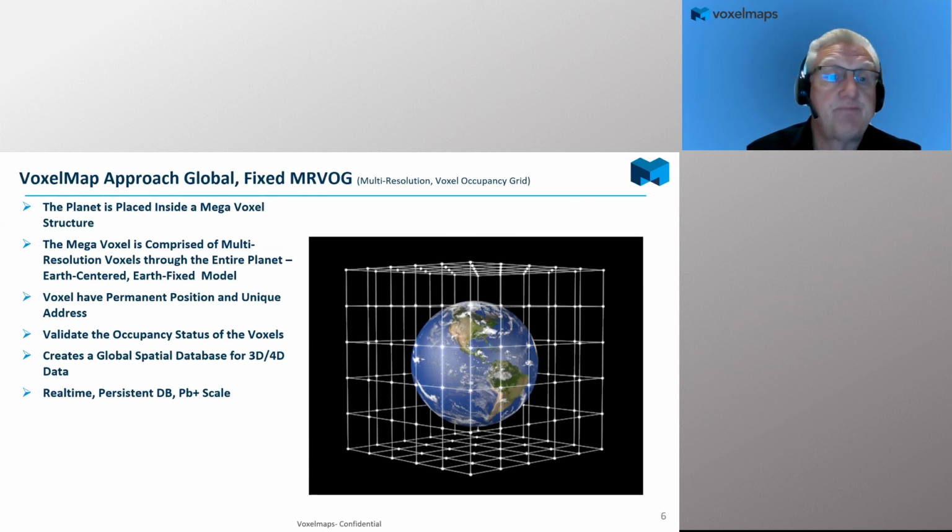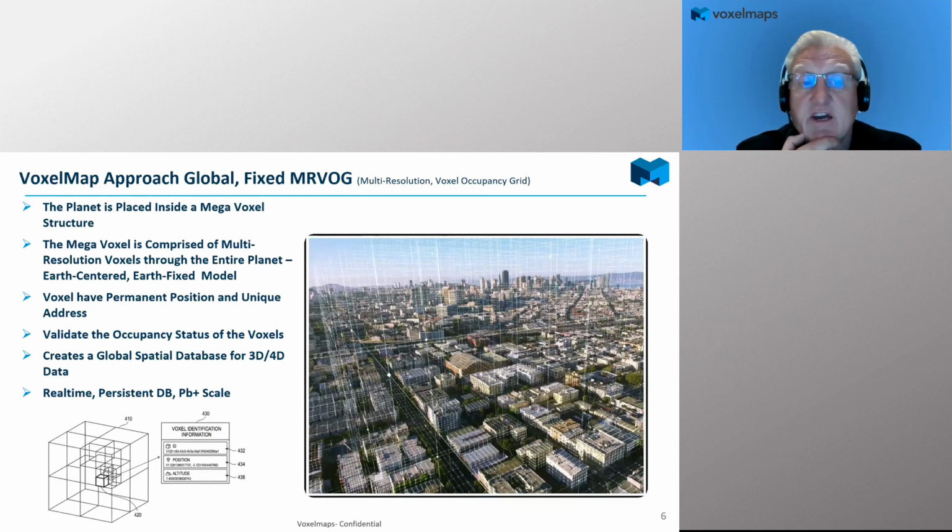Okay, so what we do is we place this voxel model in place. Every voxel has a permanent position and a unique address, and then we validate the occupancy status of the voxel. In this model, if it's through air, if there's nothing within that voxel, we create a 9-meter voxel.